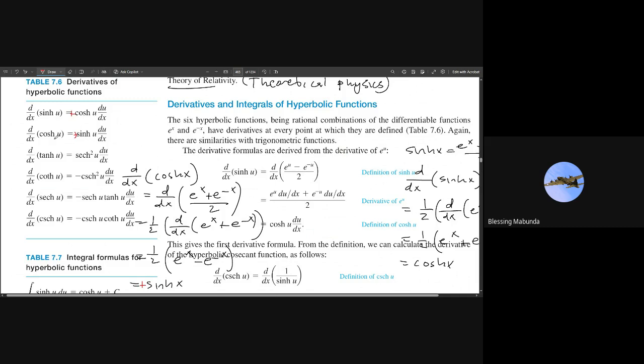What they applied here was the chain rule. You start with the outer function, which is cosh u, and multiply that by the derivative of the inner function, du dx. Does this look familiar when you're using the chain rule?